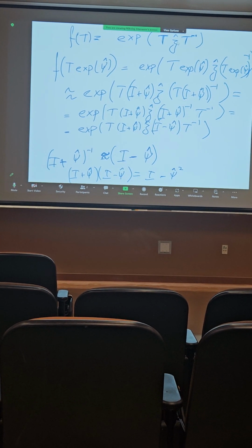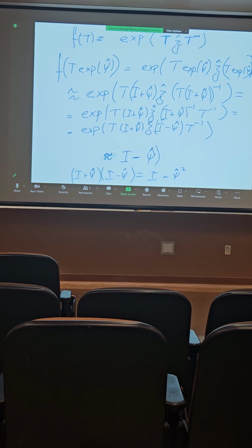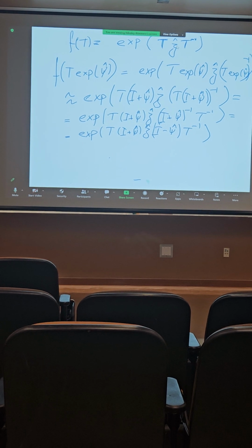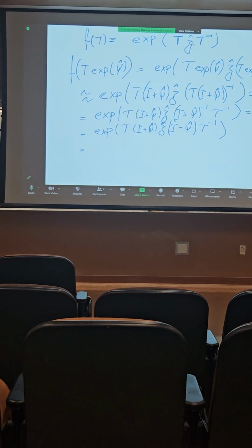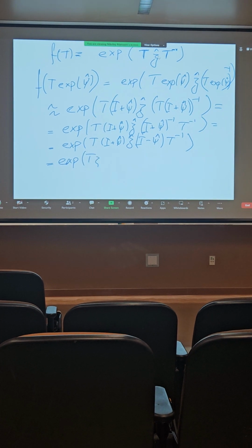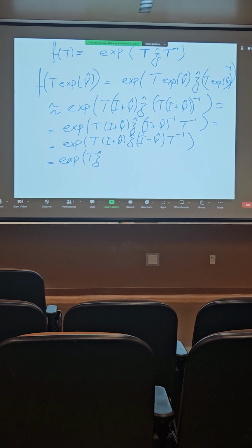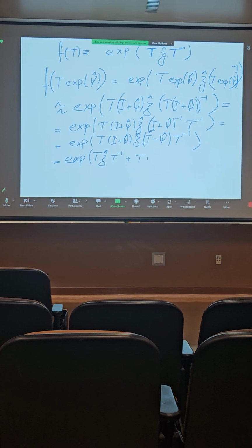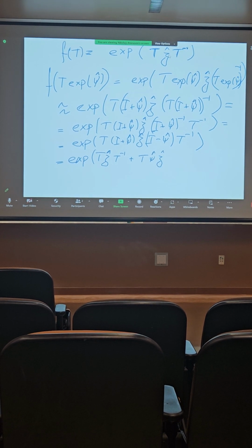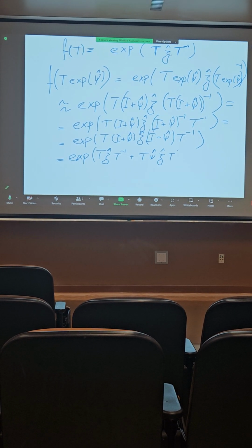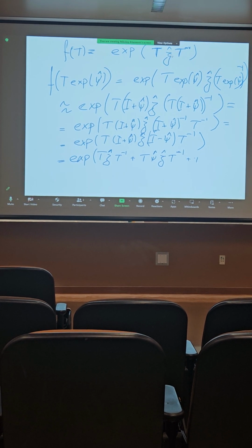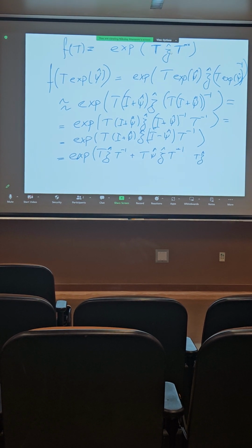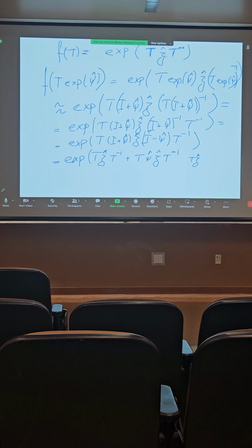Now we need to simplify further. Let me know if you're not following anything, we can go slower. Now we should expand the parentheses in here, so we get exp of T zeta hat T inverse plus, let's say, T psi hat zeta hat T inverse plus T zeta hat, okay, this was a relatively hard example.